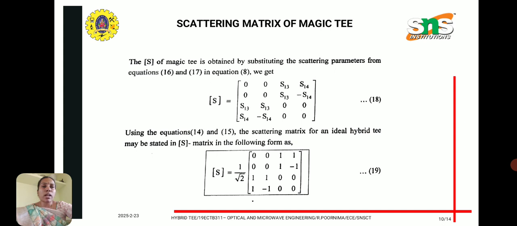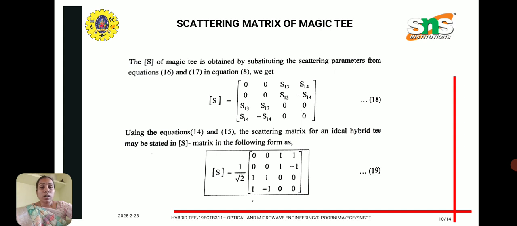The scattering matrix of the ideal hybrid T may be stated in the following form, where we substitute the values for S13 and S14. So it becomes 1 by root 2 times 0, 0, 1, 1; 0, 0, 1, minus 1; 1, 1, 0, 0; 1, minus 1, 0, 0.